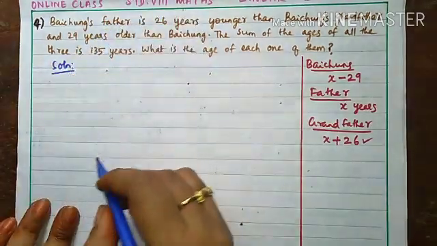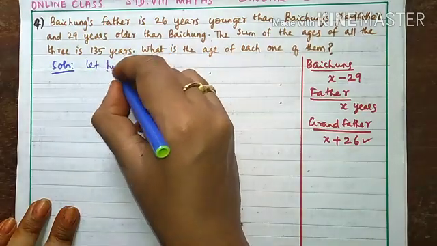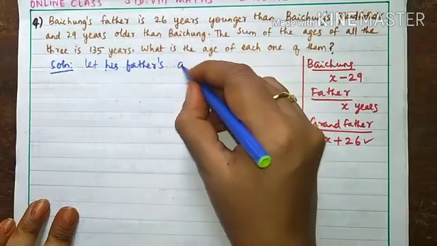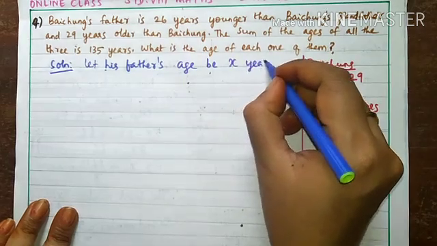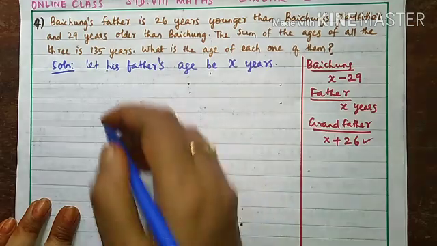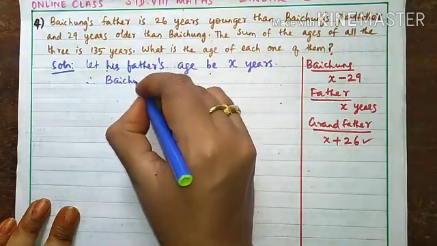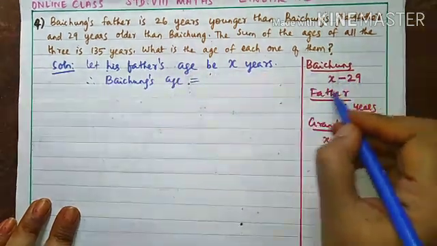Yes. So I am starting like this. Let Baichung's father's age be X years. So X years be the father's age. Now therefore Baichung's age equal to how much?